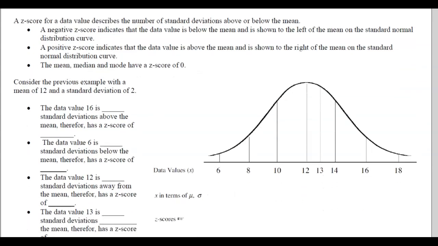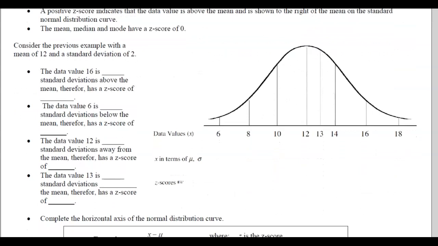So here on our graph, considering our previous example about the number of hours of sleep, we've redone the graph for you, written out the data values. Now, I'm going to write the expression for each of those in terms of the mean and the standard deviation. So remember, the mean would be 12.